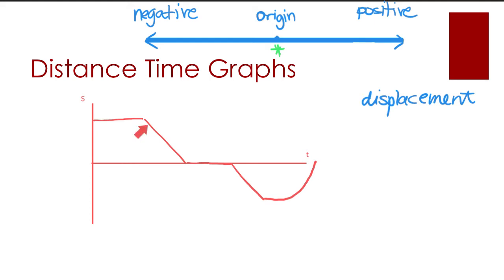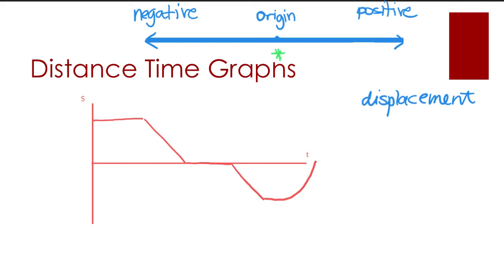But in this section here, what direction was it going? That's right, it was going in the negative direction. Started here because S was positive, and it went to the origin. If it's moving in a negative direction, that means it had a negative speed. Well, actually, no, a negative velocity, because this is using direction, so we have to use the vector.